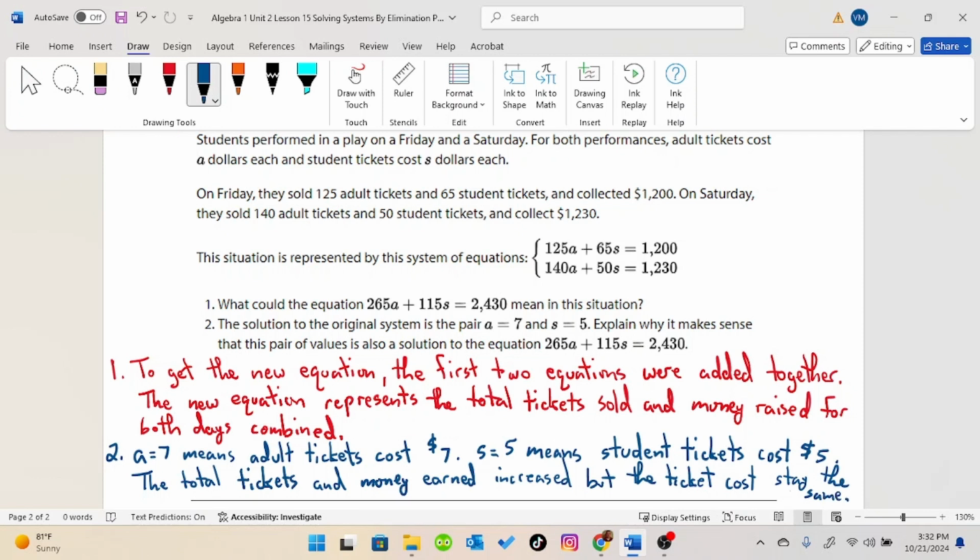This is why it makes sense that the variable values did not change. They stayed the same. If you have any questions about this practice problem, please use class time to ask for further clarification.